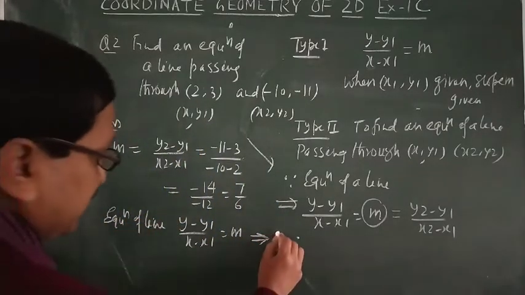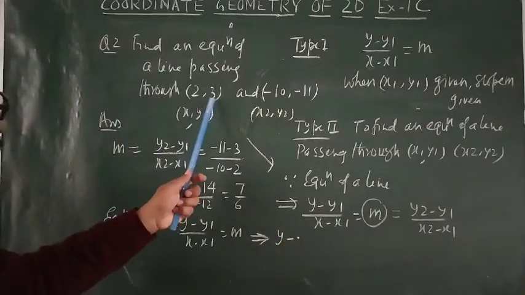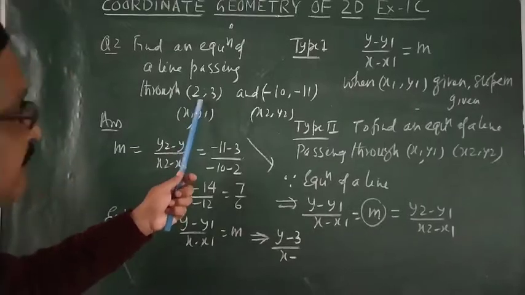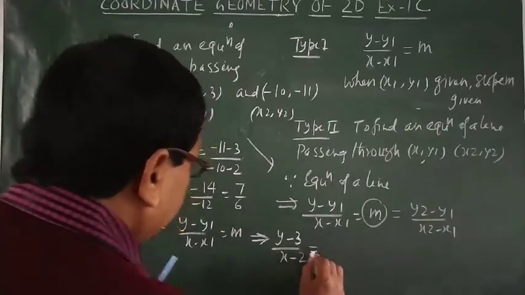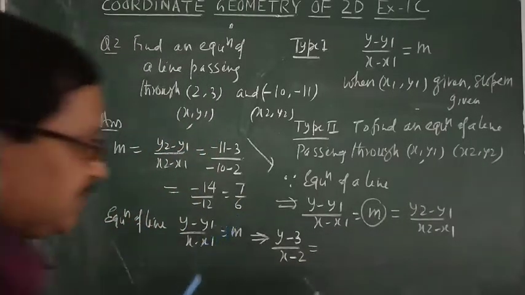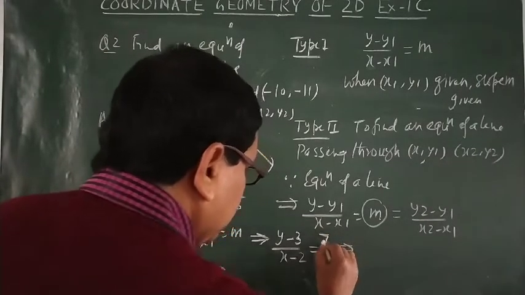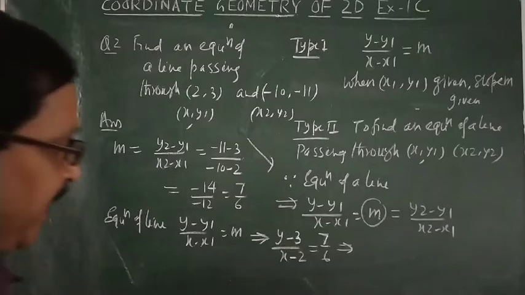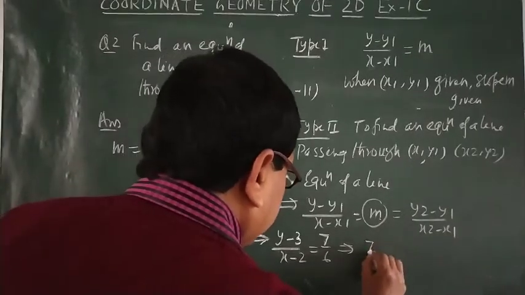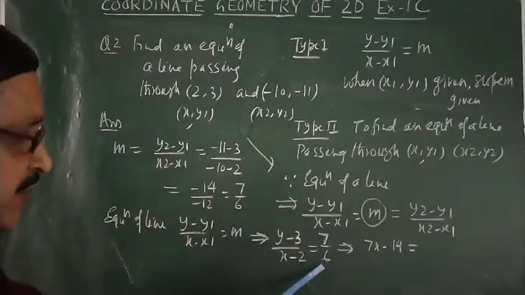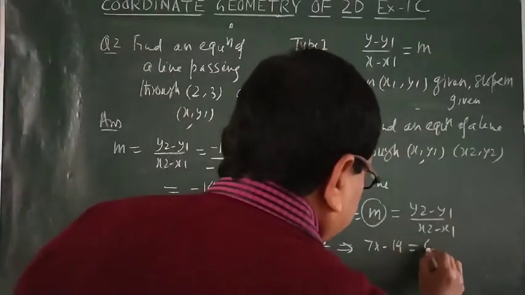So y minus y1 is 3, by x minus x1 is 2, and this is equal to our slope 7 by 6. It can be simplified to get the final answer. This is 7x minus 14 is equal to 6y minus 18.